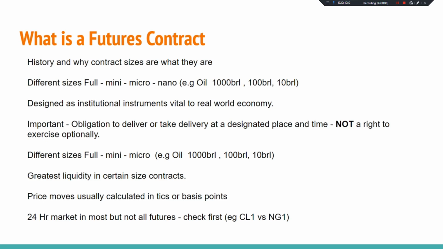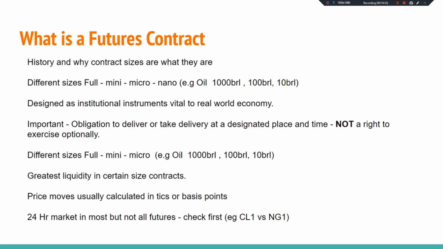And then you get the micro contracts, which are a tenth, so 10% of the size of the full contract, and you get the nano ones, which are a hundredth. There's not too many nano contracts about, but they are becoming more popular with some of the online trading platforms. And you can see the size in oil, it's 1,000 barrels, 100 barrels, or 10 barrels for a micro. They don't do a nano contract in oil, because you'd only be buying 1 barrel, basically.